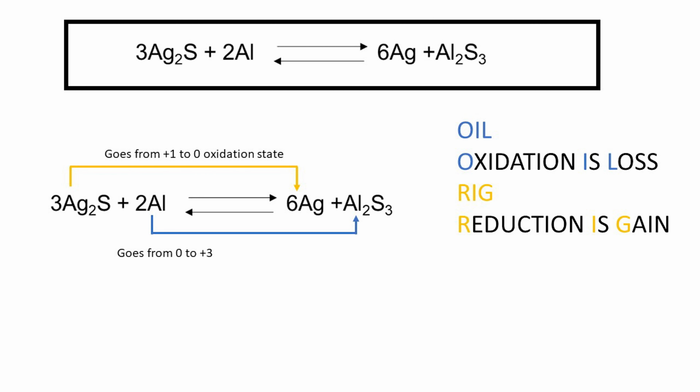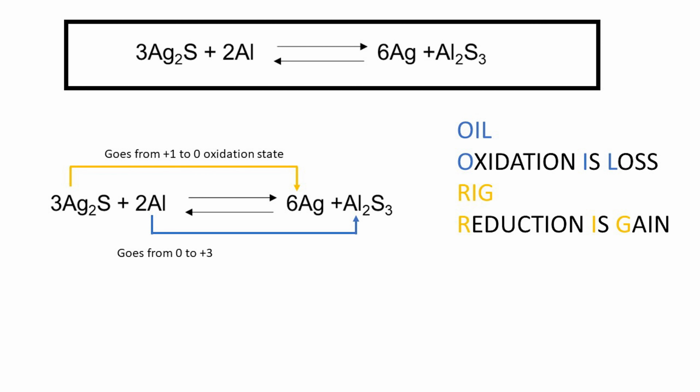In the products, silver is not bound to any other types of atoms and has an oxidation state of 0. Therefore, silver went from +1 to 0 by gaining an electron, and so it was reduced. Finally, sulfur has an oxidation state of -2, and therefore, to balance the hypothetical charges, aluminum should have an oxidation state of +3. Therefore, aluminum goes from 0 to +3 and is oxidized.